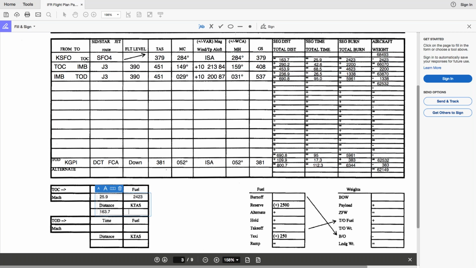And our knots true airspeed was 379 knots. Okay, top of descent, time 17.3. Fuel 383. Distance 109.9. Knots true airspeed 381.